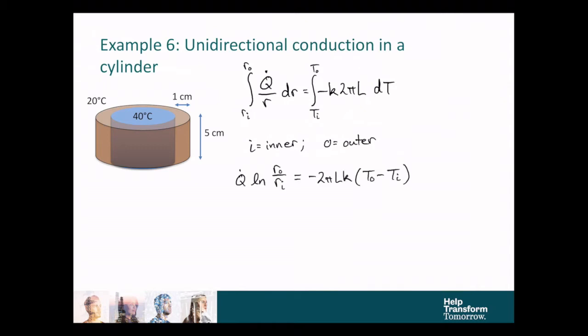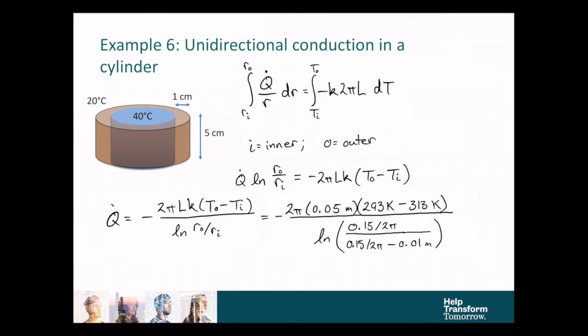If we perform that integration and apply those generic boundary conditions, we can solve for the heat flow as a function of the temperatures, the radii, and physical constants like the length of the cylinder and the thermal conductivity.